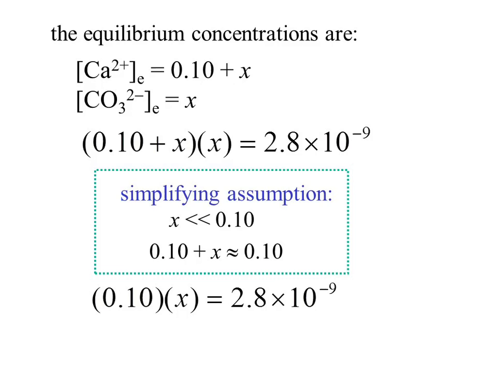So you'll get a value of X equal to 2.8 times 10 to the negative 8th. That would be the molar solubility, because that's by definition what X was in our ice table.